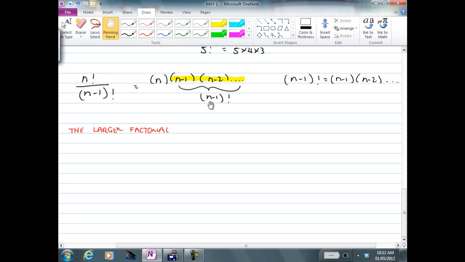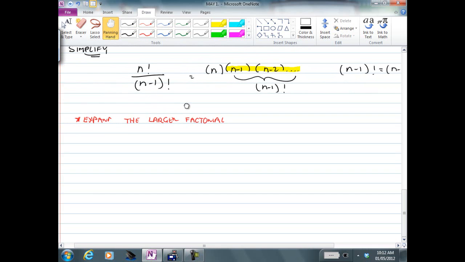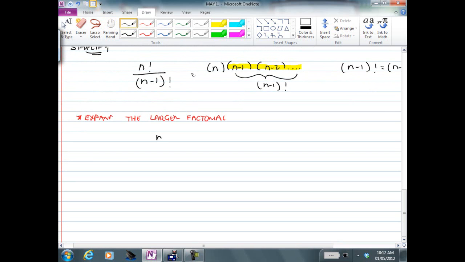So I can rewrite this as n factorial, n times n minus 1 factorial, over n minus 1 factorial. Hey, guess what cancels out? n minus 1 factorial.